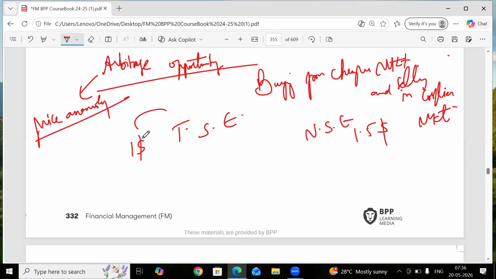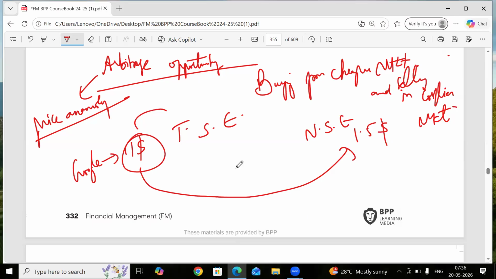So people can buy the stock of Google for $1 in Tokyo and sell it on the New York Stock Exchange for $1.5, and they can make a profit. This is an arbitrage opportunity, buying from a market where it is cheaper and selling in a market where it is costlier. Everyone knows what I'm speaking about here, but you don't have knowledge of this terminology.